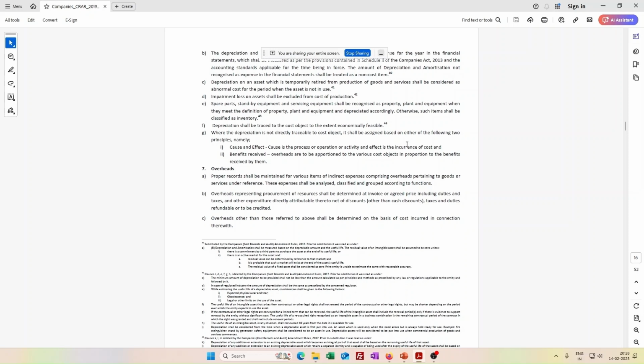Each and every company has the right to apportion the overhead as per their cost driver. What is a cost driver? A cost driver means the ratio by which the indirect expenditure is allocated between the different cost centers.